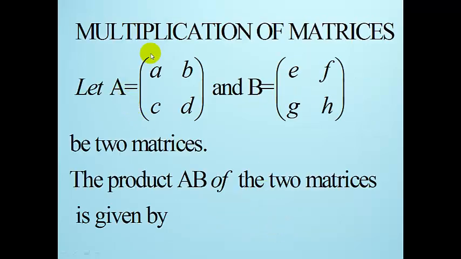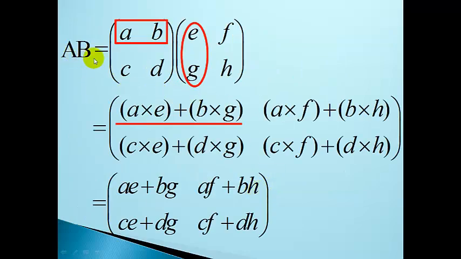Now let's look at multiplication of matrices. Let A be equal to [a, b; c, d], and B be equal to [e, f; g, h], the two matrices. The product AB of the two matrices is given by AB equals [a, b; c, d] times [e, f; g, h].